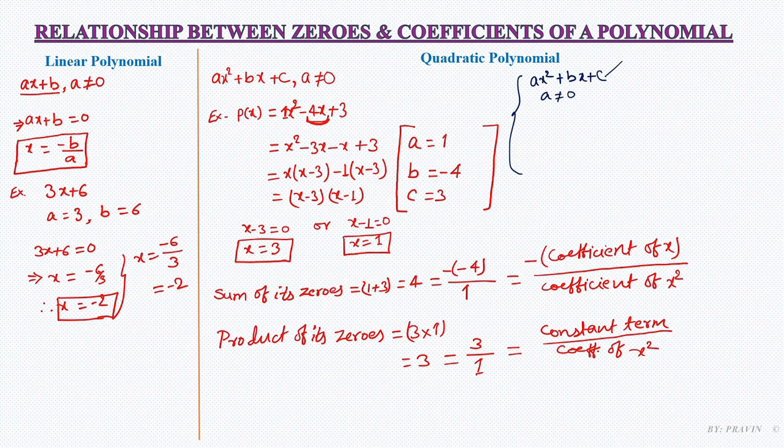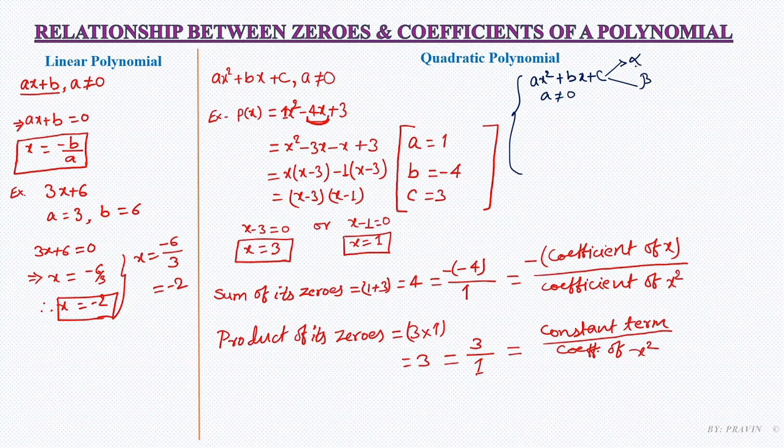Suppose it has two zeros, one is alpha and the second one is beta. Don't confuse these two words alpha and beta, these are like variables. As you know x, y, z are variables, so also alpha and beta are like variables.